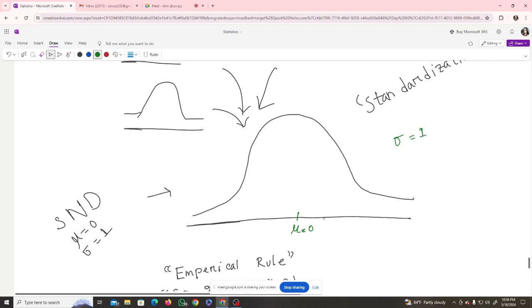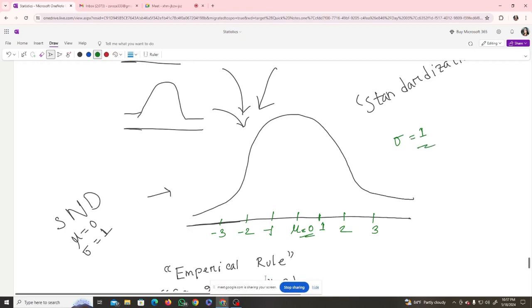So this should be the general case of any standard normal distribution. So the standard normal distribution looks like this because we are converting the normal distribution to the standard normal distribution form, and it will always have the mean as 0 and standard deviation as 1.